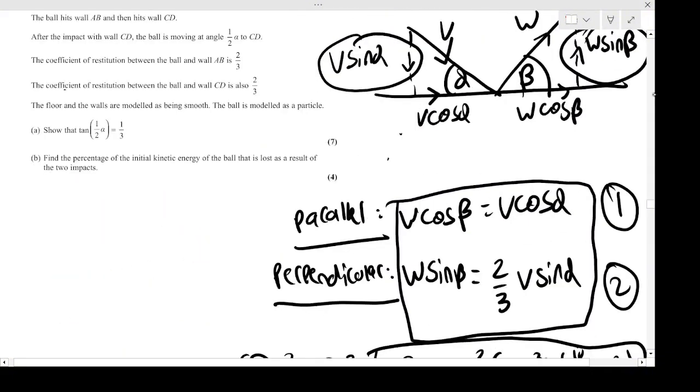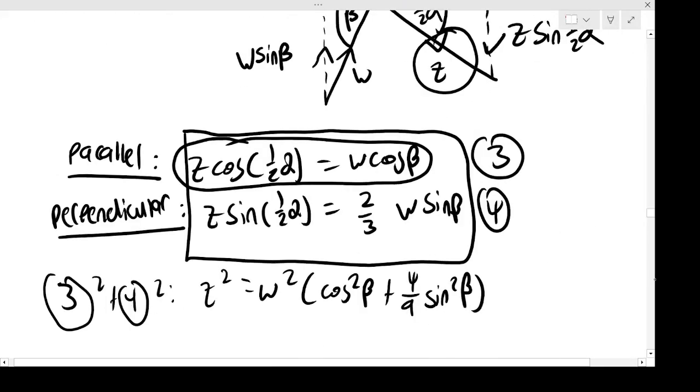But hang on, if we look at the first set of equations, we also have w cos beta is v cos alpha. So I can use the parallel equations, combine them, and that gets me z in terms of v quite nicely, right? So w cos beta is v cos alpha, then, hopefully you can see that. Well, then I can say that v cos alpha is also z cos of a half alpha. And so I've got an equation with z and v.